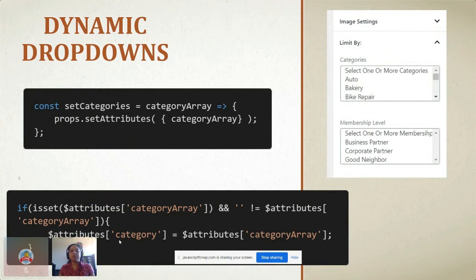This made sure all the selected category slugs were added to the category attribute as comma separated values. So when the category was passed on to the shortcode, it knew exactly which categories or membership levels to filter the listings by.